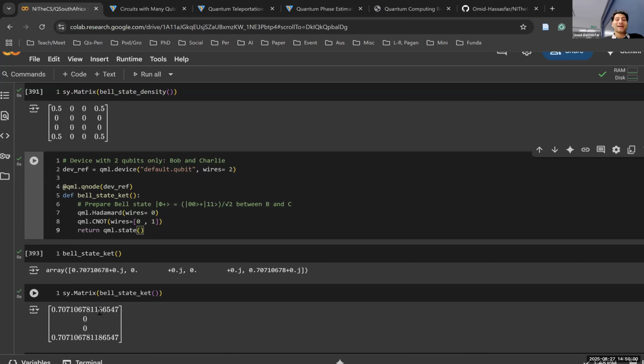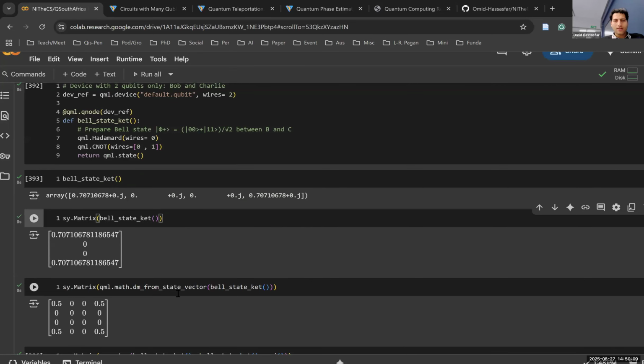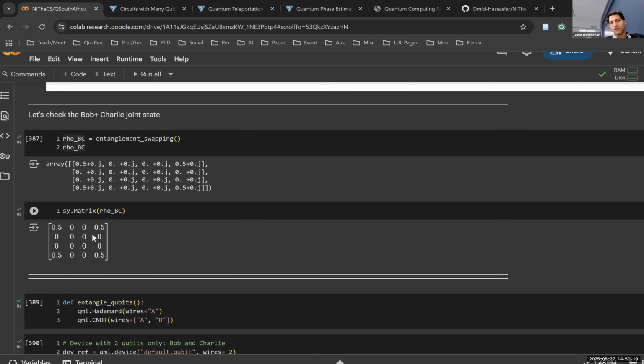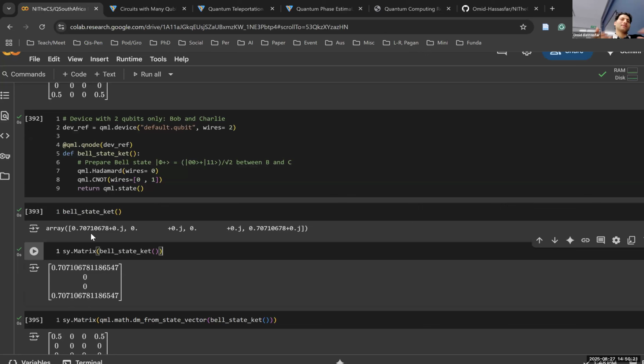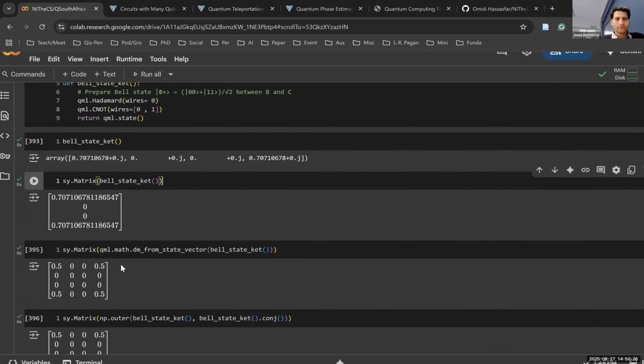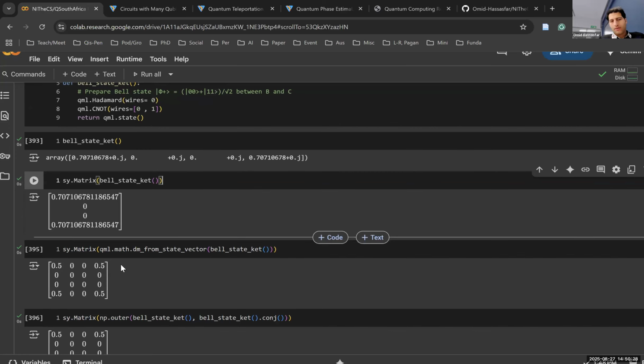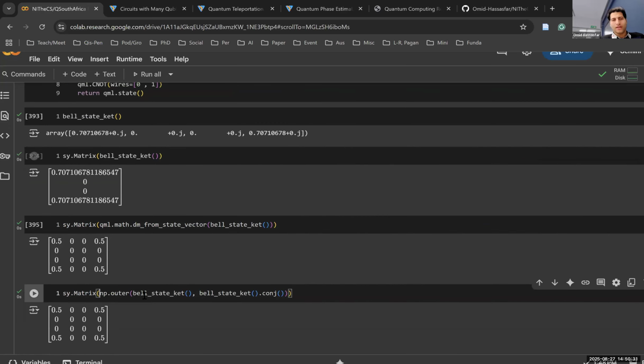Sometimes you cannot have a state as a return. Here, this is the vector and this is the matrix, but there is a method in PennyLane that you can use to convert the vector to the matrix. Again, you see that this is exactly the same as what we have here, which is a maximally entangled state between Bob and Charlie. You can use NumPy also to do that for you, but you have the freedom.